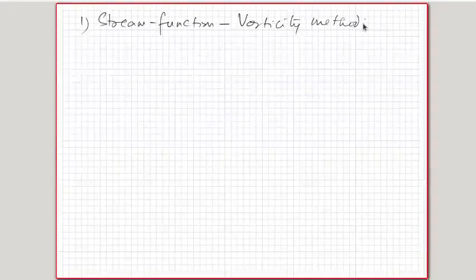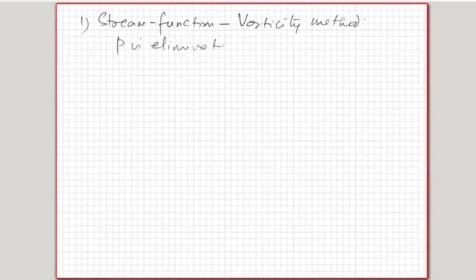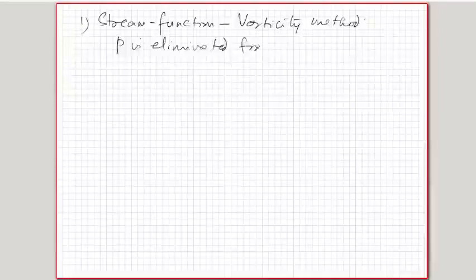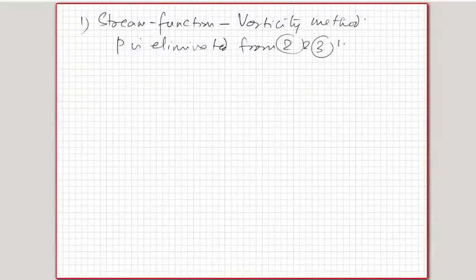One is stream function vorticity, in which pressure is eliminated from equations 2 and 3 using equation 1.